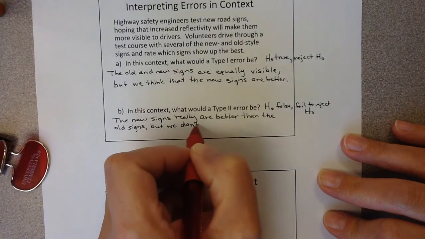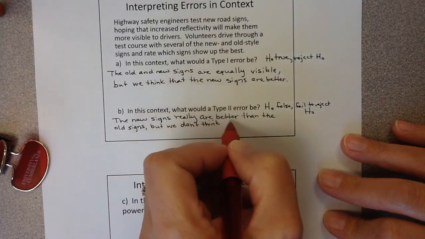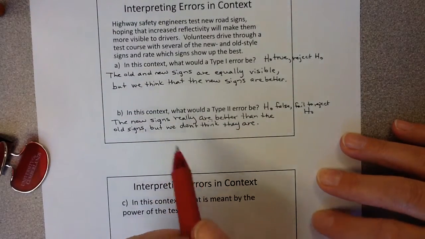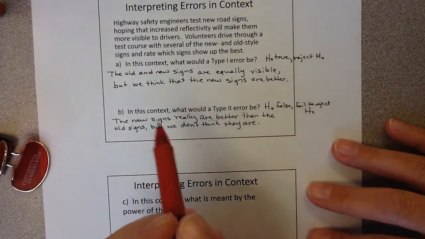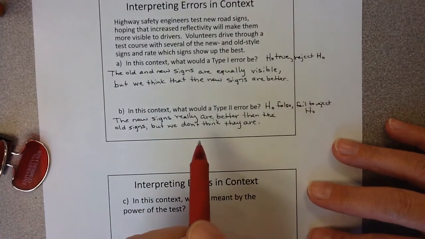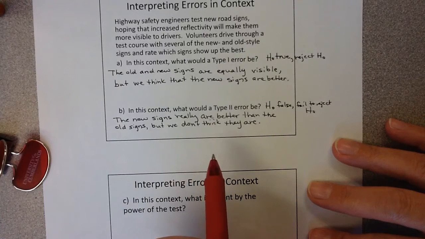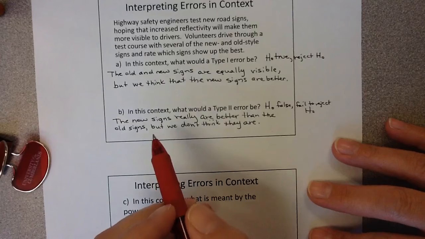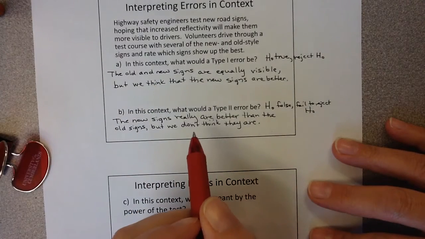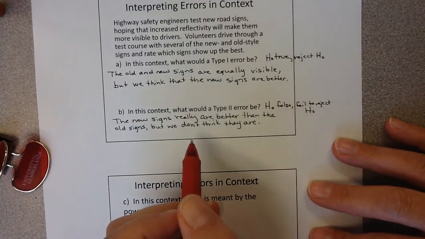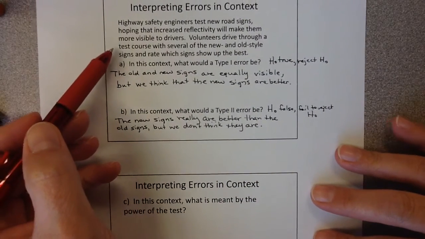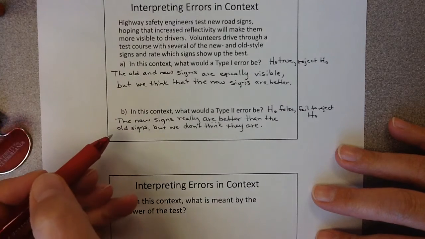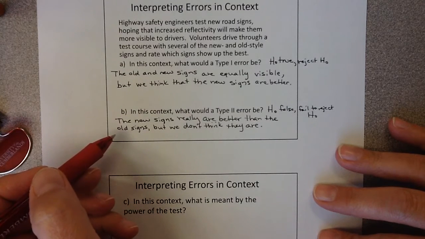But we don't think they are. So the sample that we took with these volunteers indicated that the new ones weren't better than the old ones, but in reality they are. So I just had a bad sample and I made a mistake. The consequence of this type of error would be that we have the ability to improve road signs and make driving safer, but we don't do it because we didn't think they really worked.